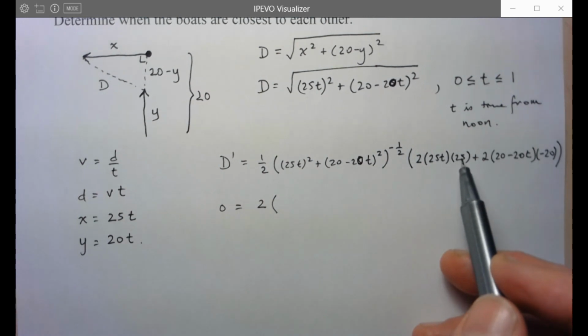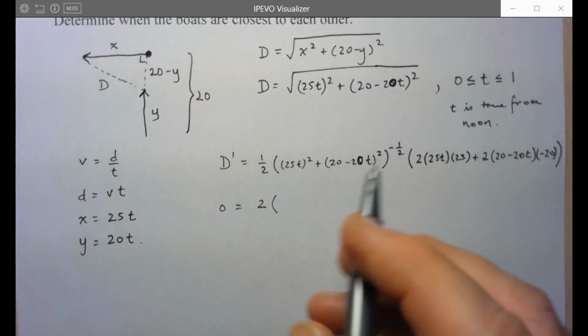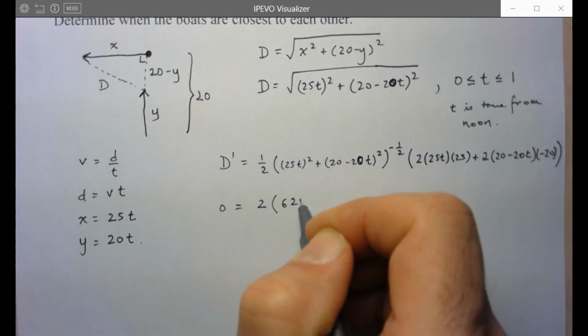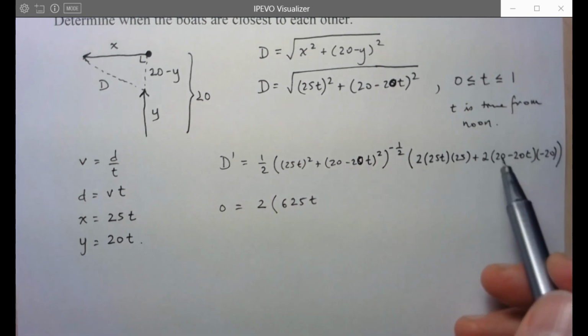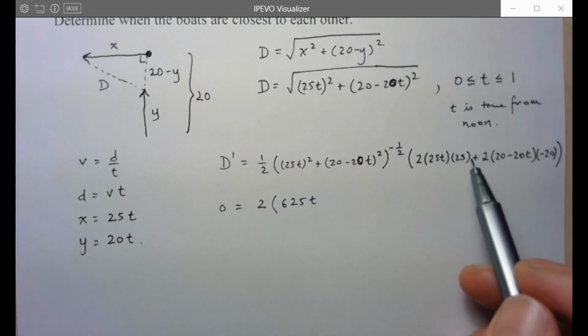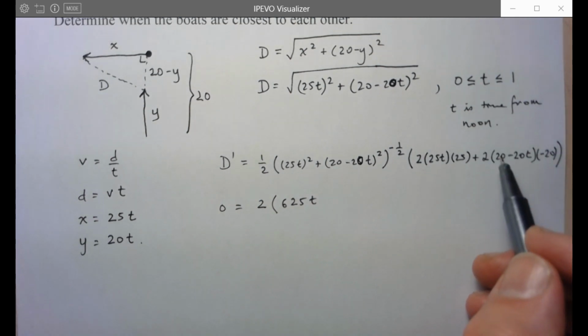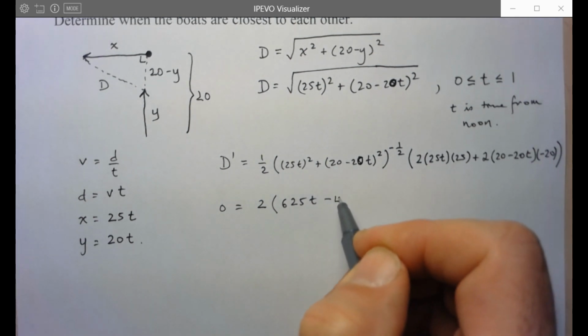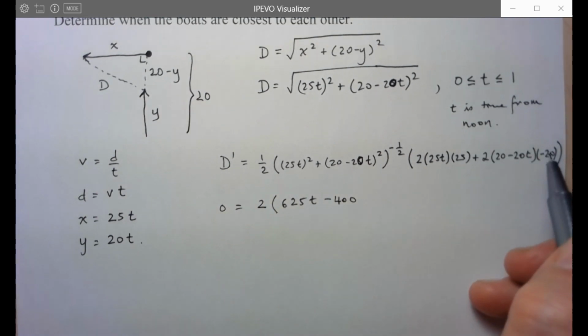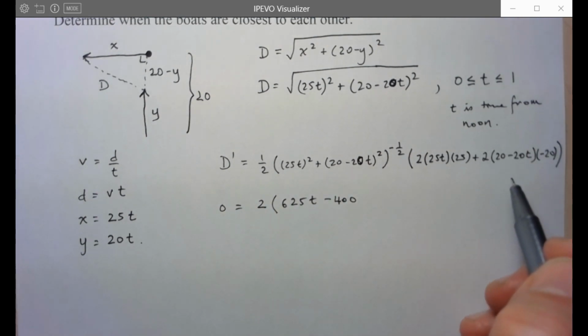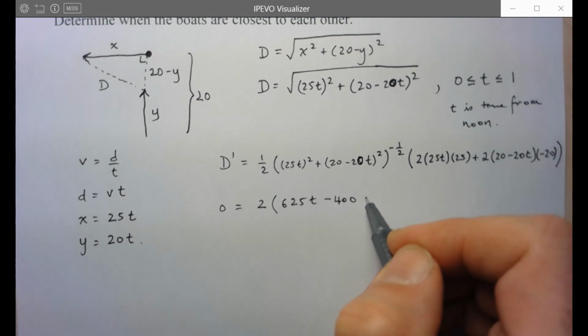We're left with 25 times 25, that's 625t. Remember, we're getting rid of this 2 because we factored it out. Here we've got negative 20 times 20, so that's negative 400. And again, negative 20 times negative 20, that's going to be plus 400.